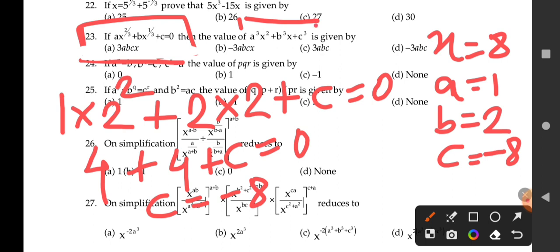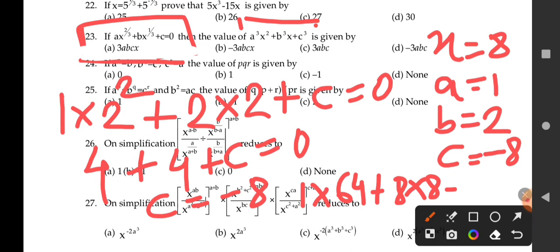So we have a cube, and a cube is 1, into x square. 8 square is 64, plus b cube is 8 into 8, plus c cube, that means minus 8 cube.